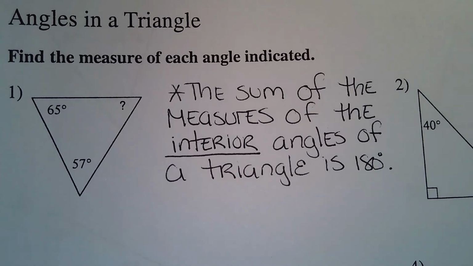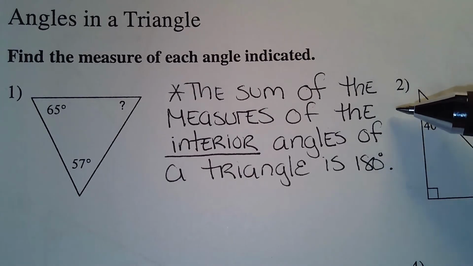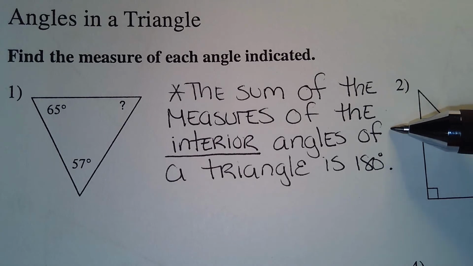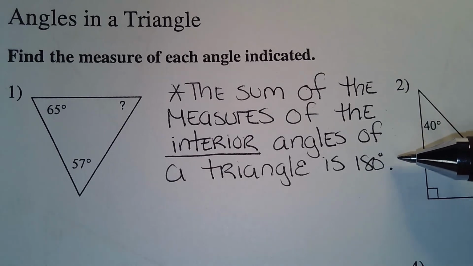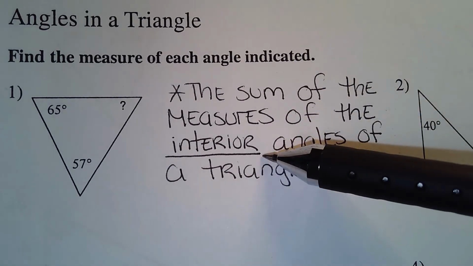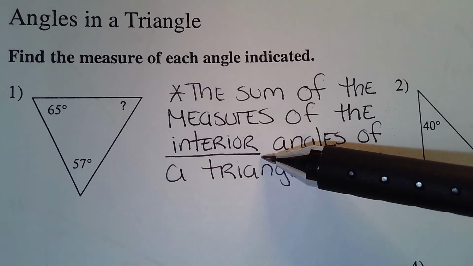One key theorem that you need to recall is that the sum of the measures of the interior angles of a triangle is equal to 180 degrees. I underlined interior so that I can make sure to point out to you where those angles are located in your triangle.